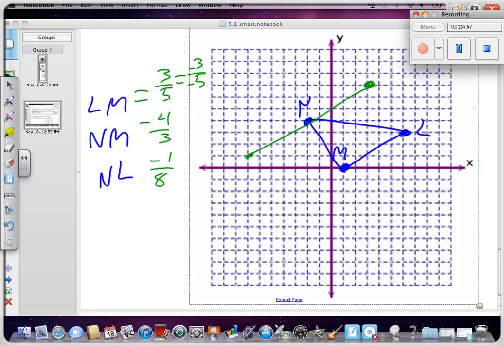NM, right? Yes, that is across from it. So I'm at L. Is everybody with me? And I'm going to go down 4 over 3. Okay, and then the opposite way, and I get this line.